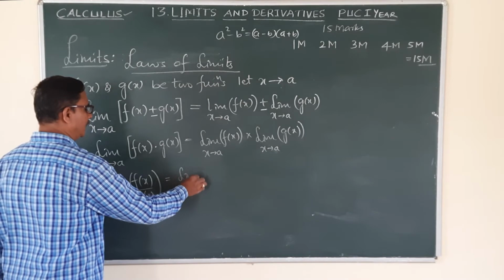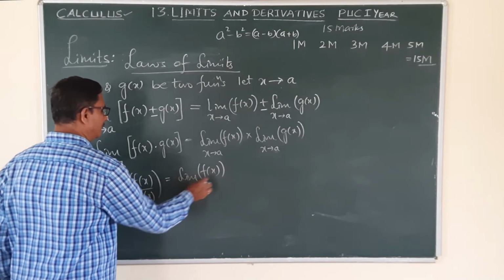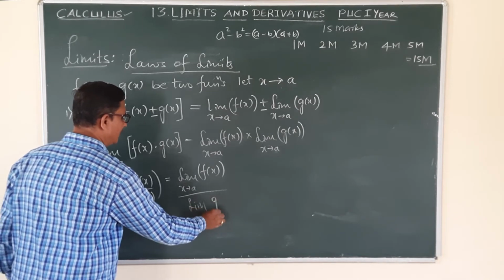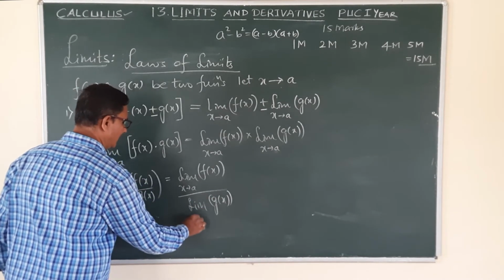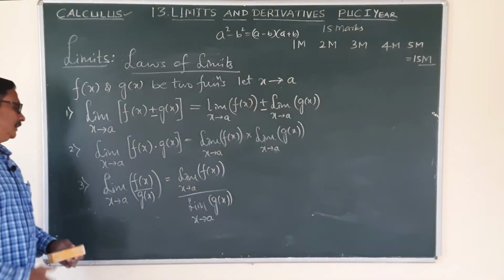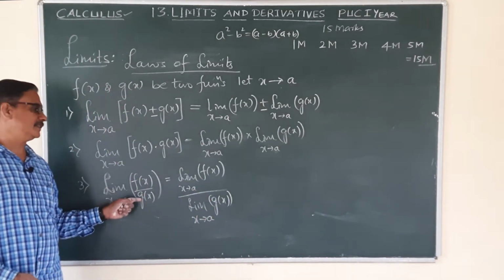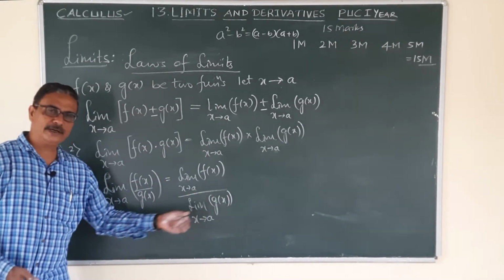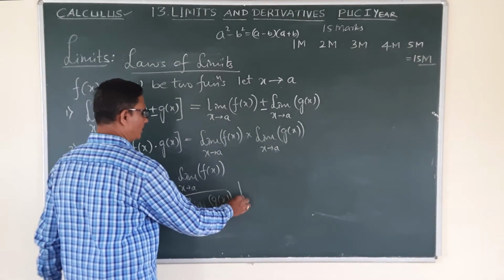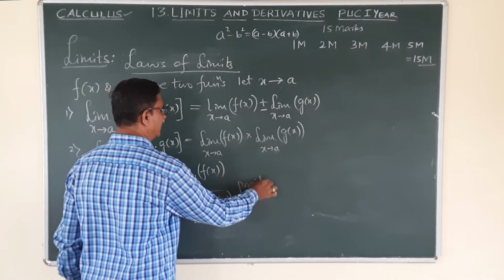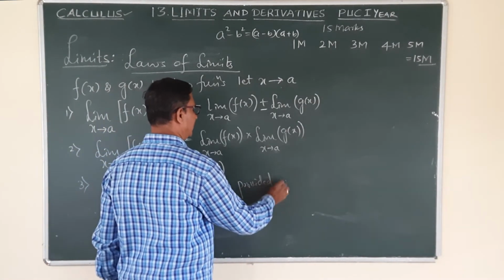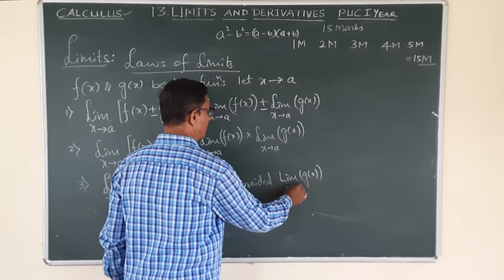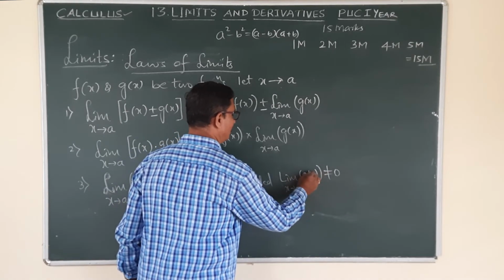Now here we can write limit of the numerator as x approaches a divided by limit of the denominator as x approaches a, provided the condition that the limit of g of x as x approaches a is not equal to 0.